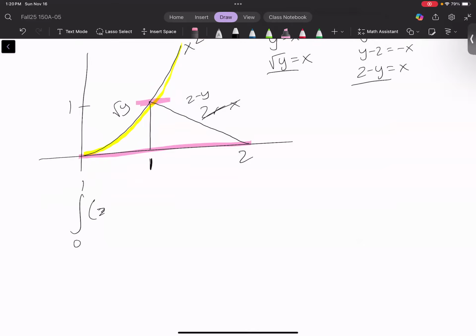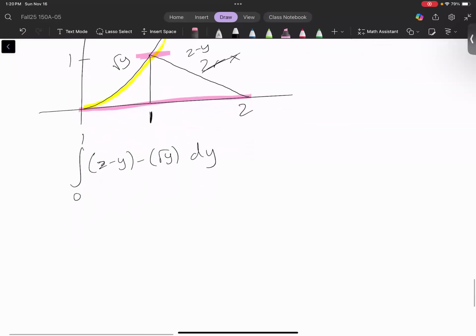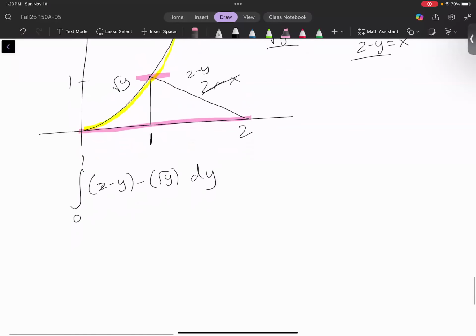So it's 2 minus y minus root y dy. If it helps, turn your head right 90 degrees, visualizing it how we used to with respect to x. But this is what we get. We get right minus left, and then these are y bounds.